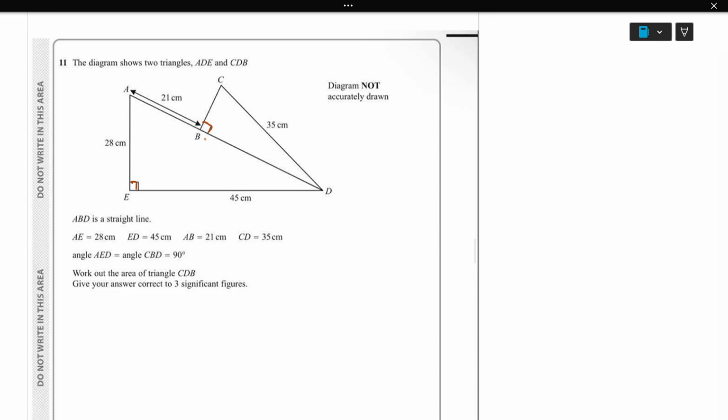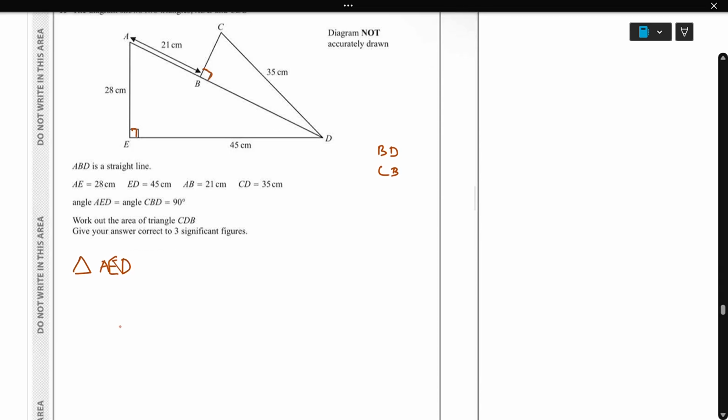So if you need area, we need base and height. So we need to find BD and CB, both. For that, first we are taking the big triangle AED. I'm taking triangle AED.